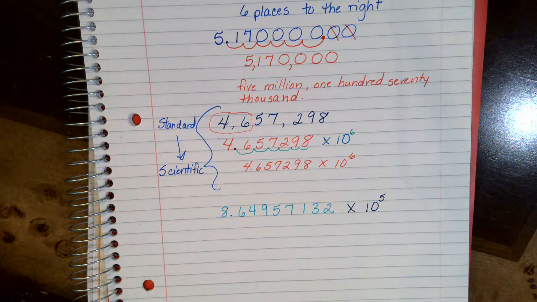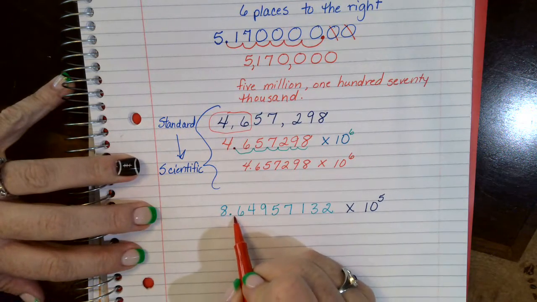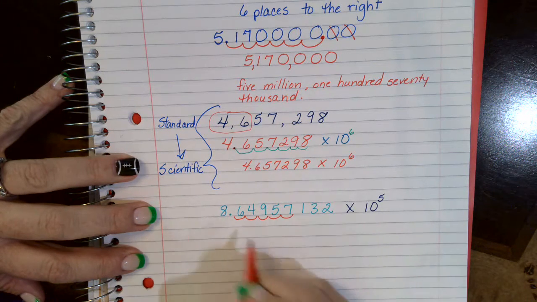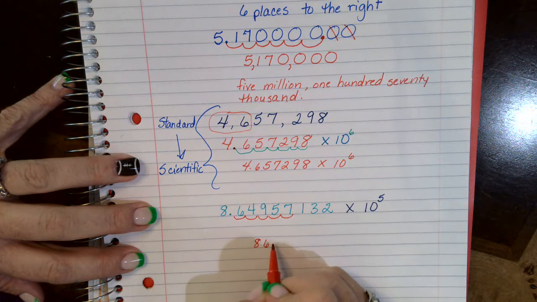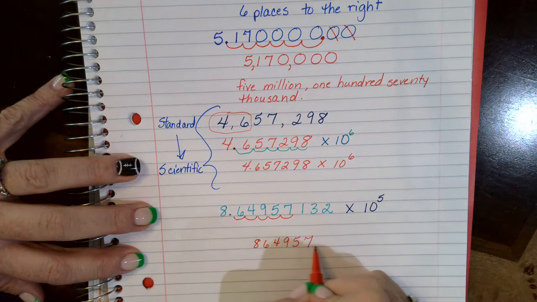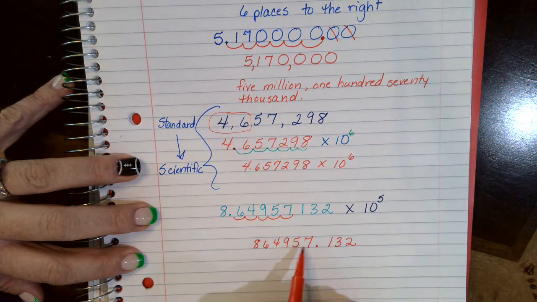All we're going to do is move the decimal to the right 5 times. 1, 2, 3, 4, 5. So our number is then 857,132. 1, 2, 3. Okay.